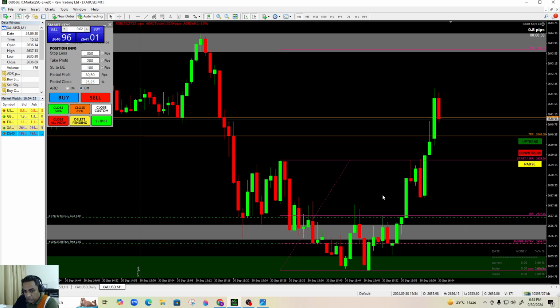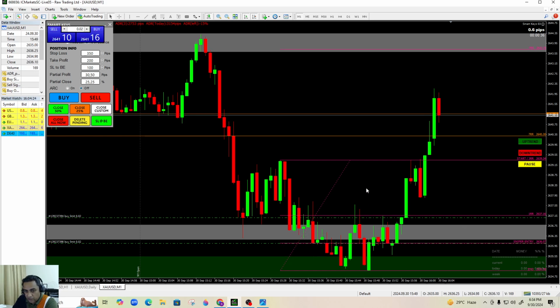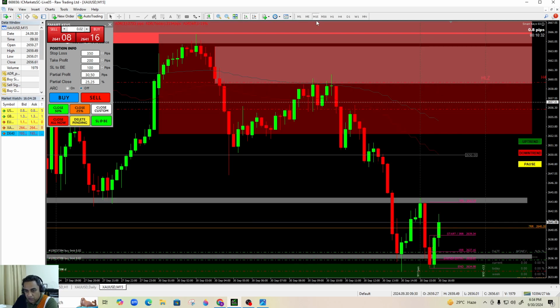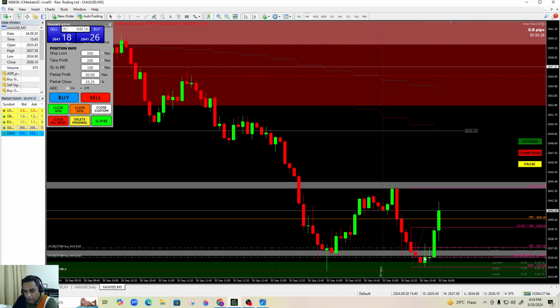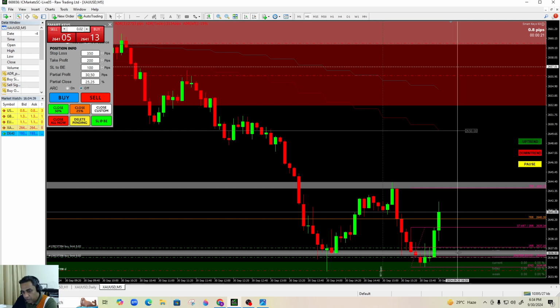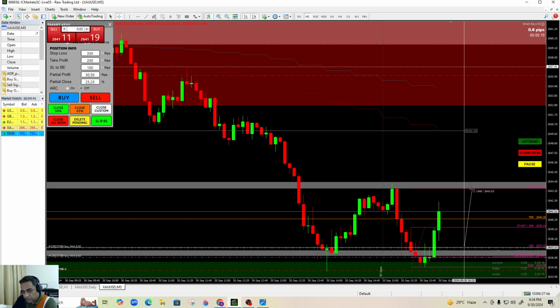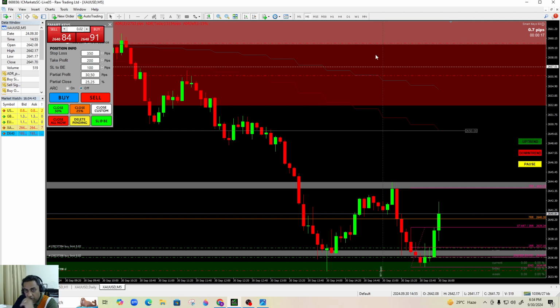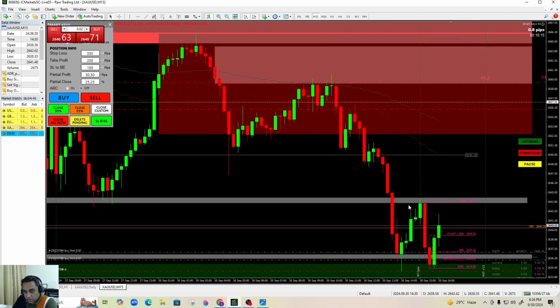I'm looking for price to retest this area that it's created now. It's created a demand zone, right? On the M15, you can see a demand zone being created there. On the M5, you can see a demand zone that's been created there. I'm looking for price to come retest it and then push up, right? So push up at least until that resistance, this resistance that we've drawn here. I drew it here.